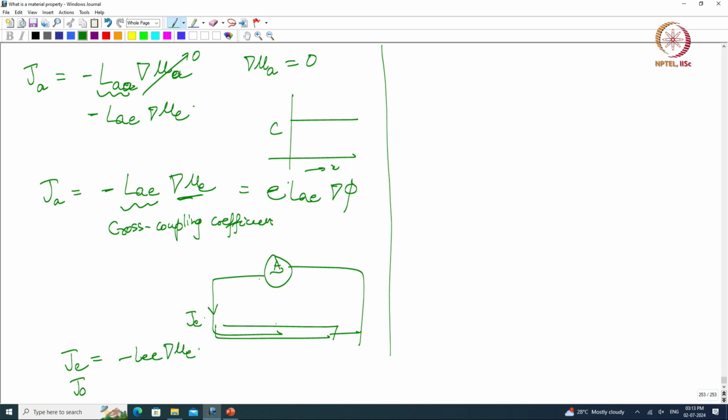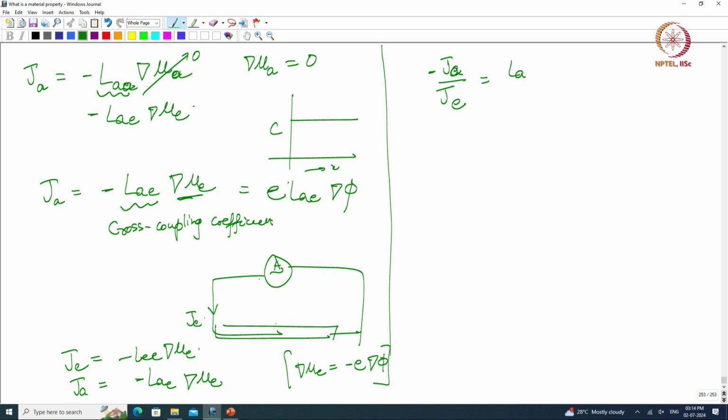Now, what is JA? Can I have a current of atoms? That is the question. That is minus LAE del mu E again, and del mu E is just minus E times the gradient of phi, which is what we already know. So, I am sending in a flux of electronic current, and I get an atomic current.